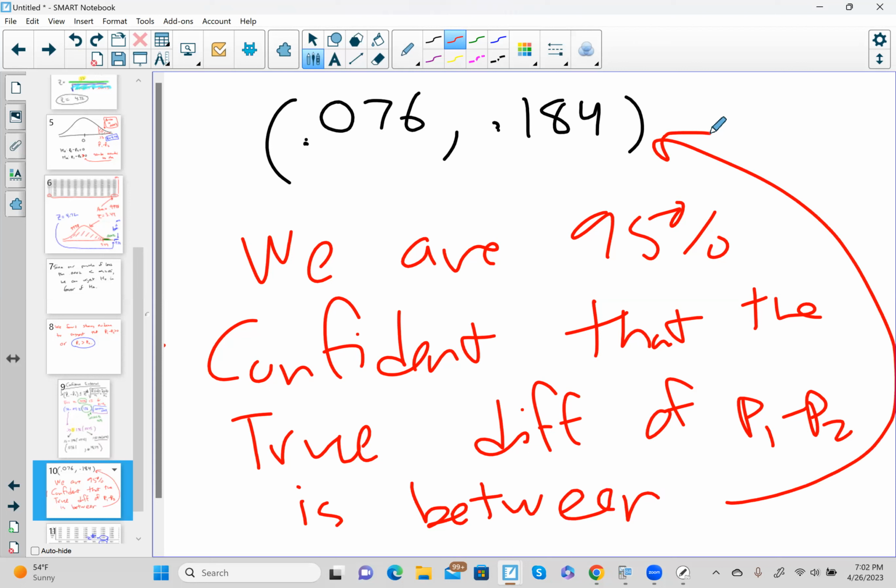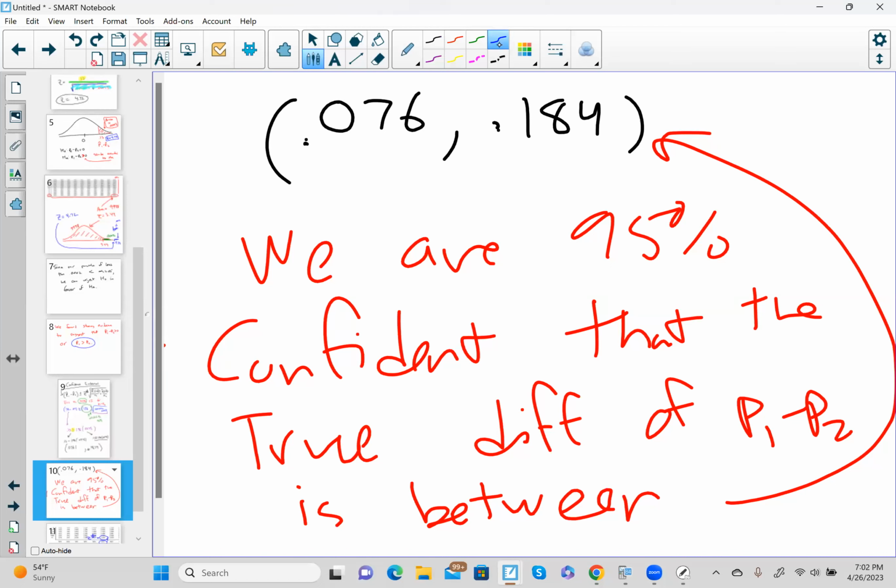We are 95% confident that the true difference of the proportions is between 0.076 and 0.184. So what confidence intervals do is they give us a range of values where we think the true difference in the proportion probably is.